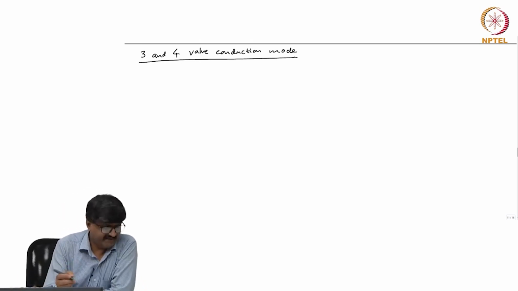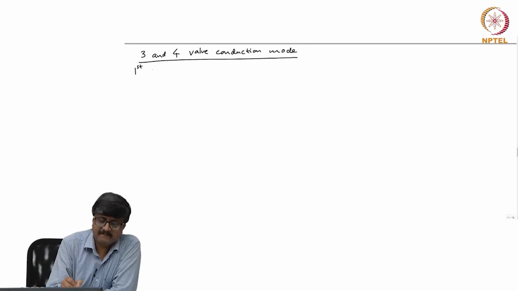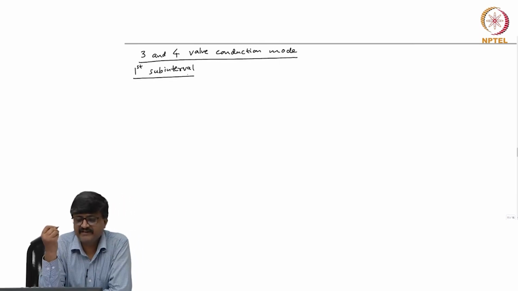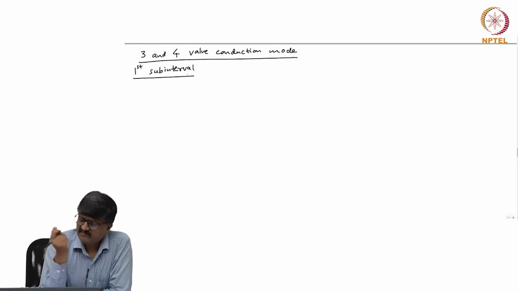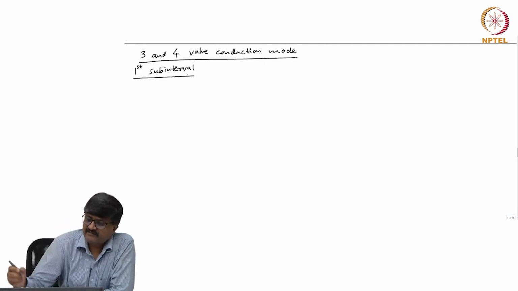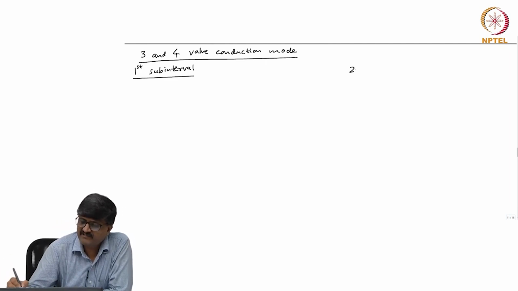If I take the first subinterval, this is similar to the 3 and 4 valve conduction mode of the circuit without resistance. So, the only change now is the presence of resistance. So, we can see what are the equivalent circuits in the first and second subinterval.